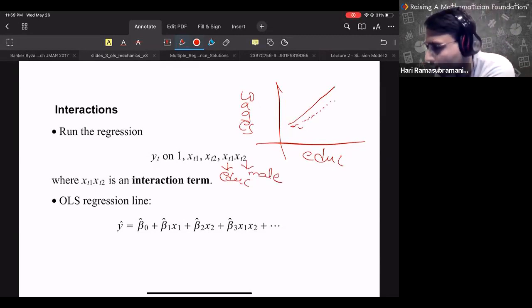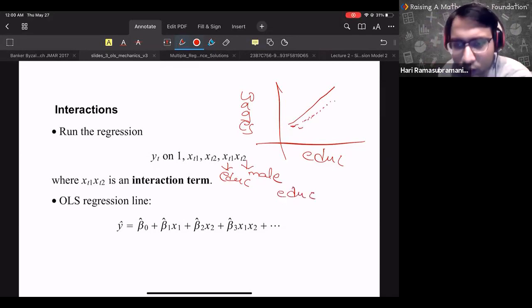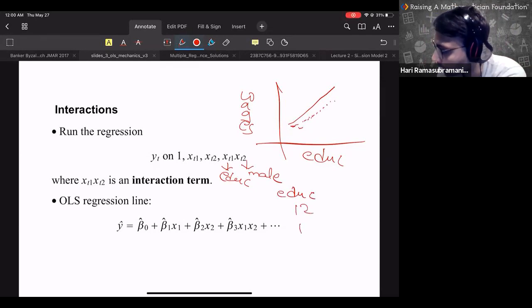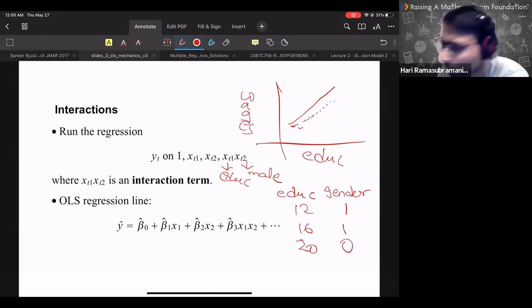So what will happen is you will have a column for education where you observe the education for person one was 12 years, for another person was 16 years, for another person it is 20 years, and so on. And then you will include a gender indicator variable. Gender is one if it is male, maybe this person is male, this person is female, and so on.